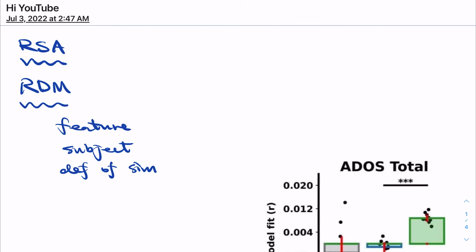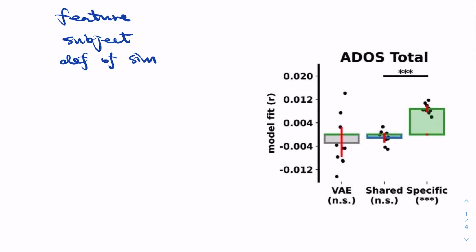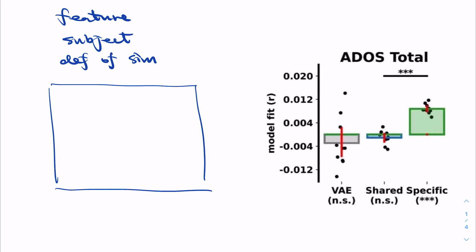We can calculate the dissimilarities based on this feature between each pair of subjects. Let's say we have n subjects. Then we will have a matrix of size n by n that characterizes the variation captured by this feature within the group of subjects. With this concept in mind, let us move on to see how the authors are using RDMs.